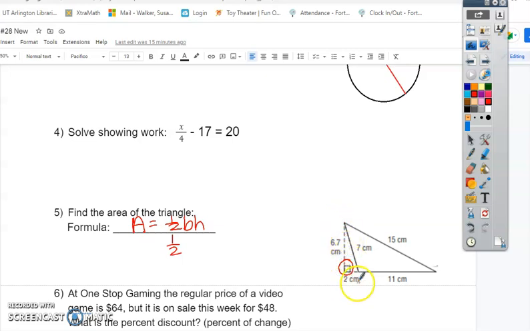Now when you look, you see 2, but notice 2 is not part of the triangle, okay? 11 is the base of that triangle, okay? And your height should be 6.7. And so normally we try to take half, but if you want to, you can. If you want to try to take half of 11, be my guest. Otherwise, you're going to multiply these two. Whatever you get, divide that number by 2.